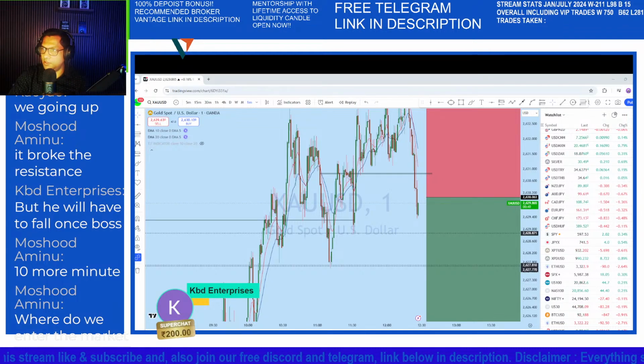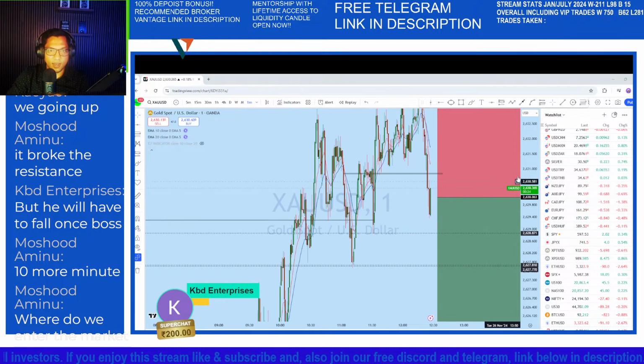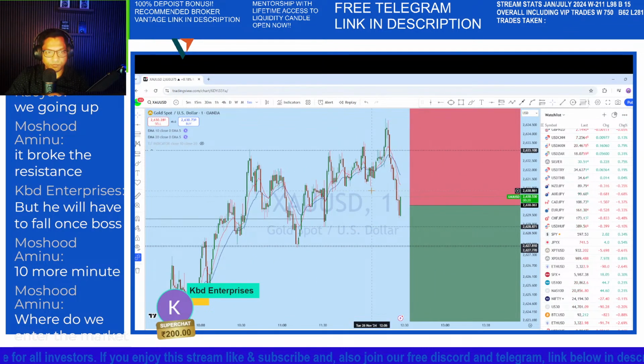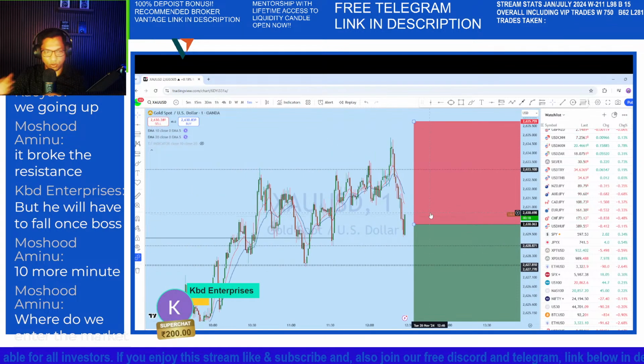Break even, this one. So we can see that XAUSD break even here, and therefore we are out on this.